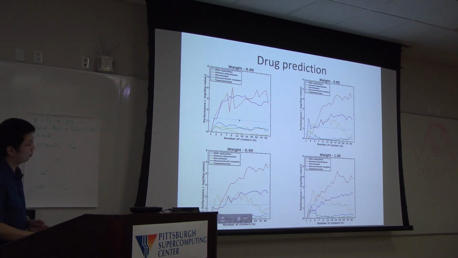We do this for different numbers of clusters. If we just compare the results of their feature and our feature, we can see that for most cluster numbers, we can predict 3 classes, where they can only predict 2 classes, 2 mechanisms.